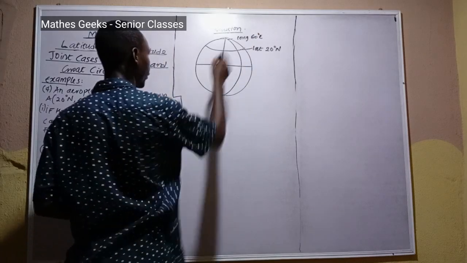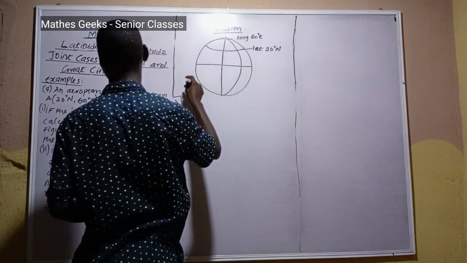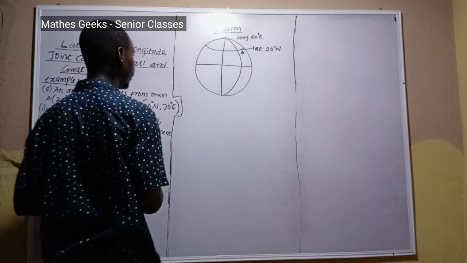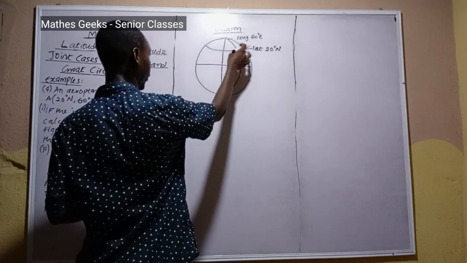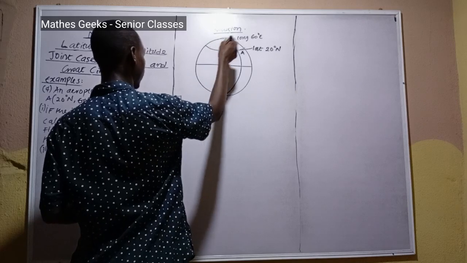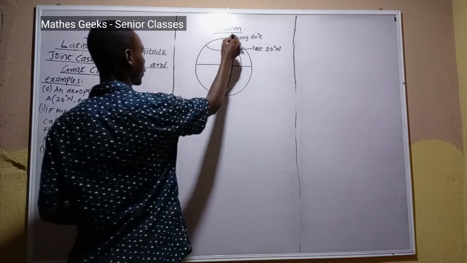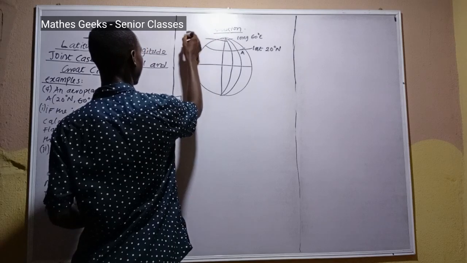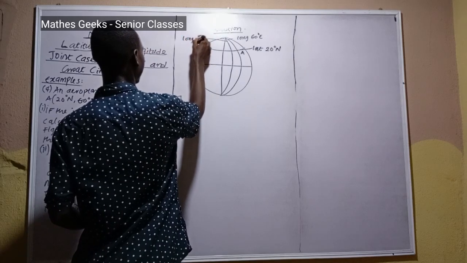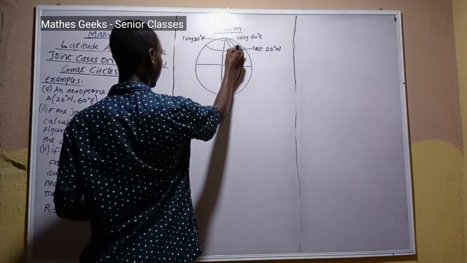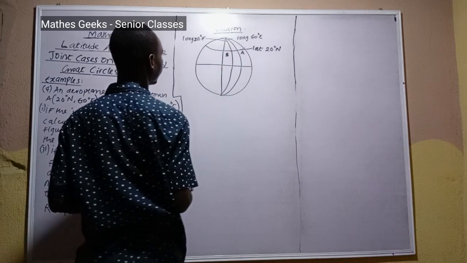Town B is on the same line of latitude, 20 degrees north, but a different line of longitude, 20 degrees east.